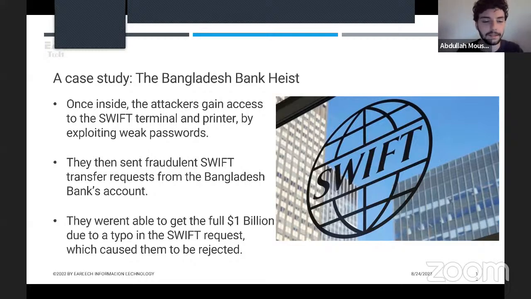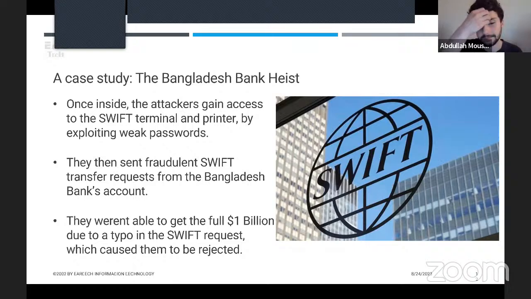The Swift terminal was always intended to be separate from the rest of the network inside the bank. You always want to keep anything that important segmented away from the rest of the network.